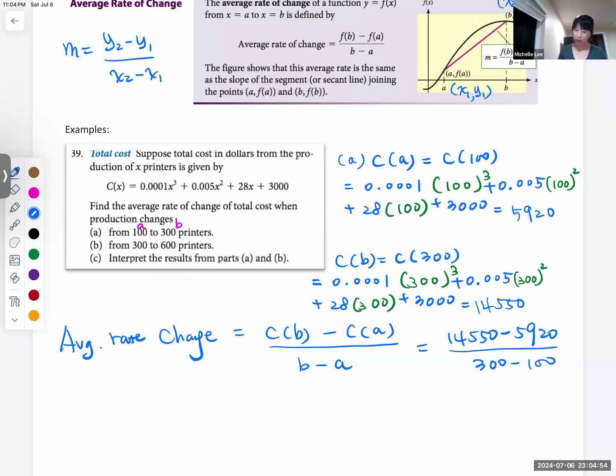So this one we get 8,600 over 200. So we get $43 per printer, right? Okay.